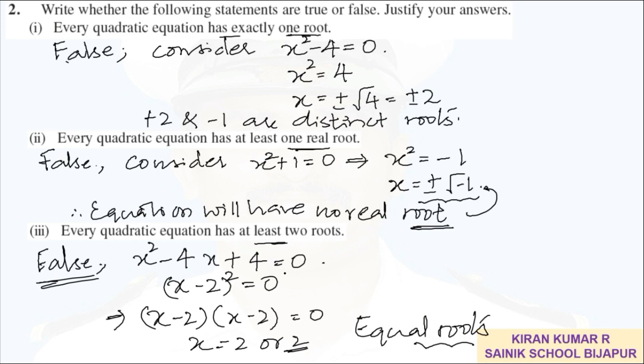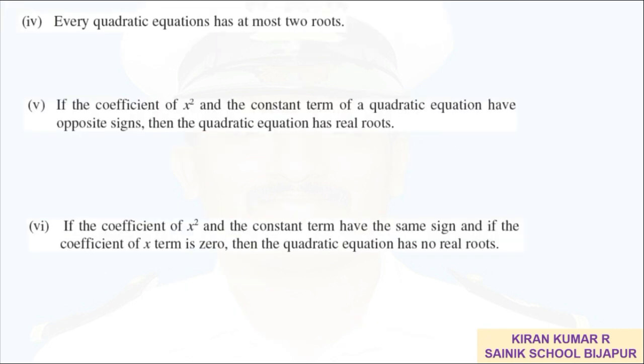Alright, let's take up the fourth one. The fourth statement is every quadratic equation has at most 2 roots. This statement is true, because we have seen in the quadratic polynomial also maximum 2 roots are possible.